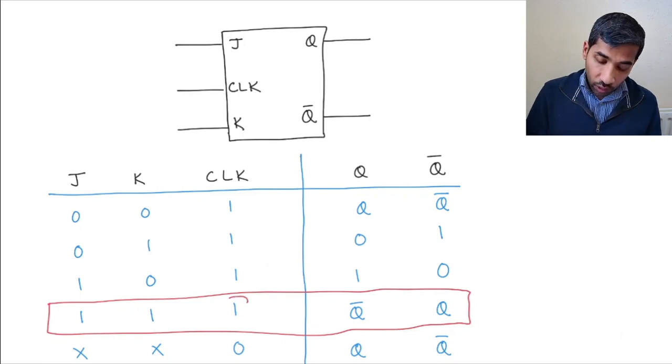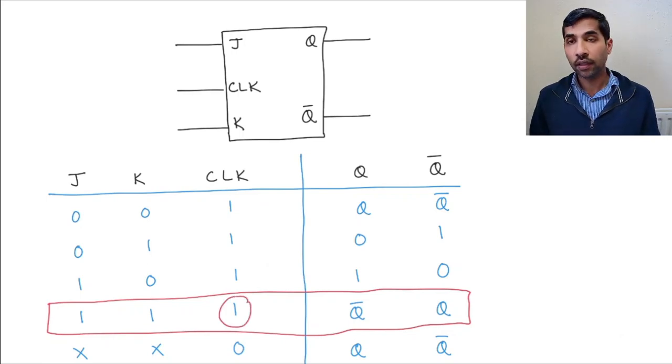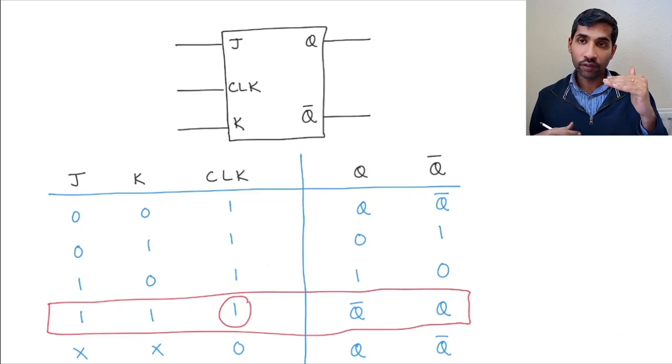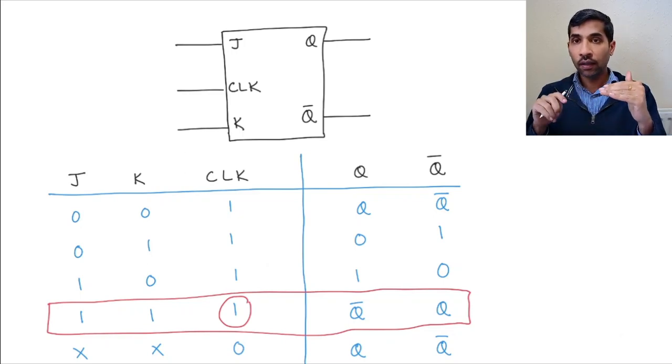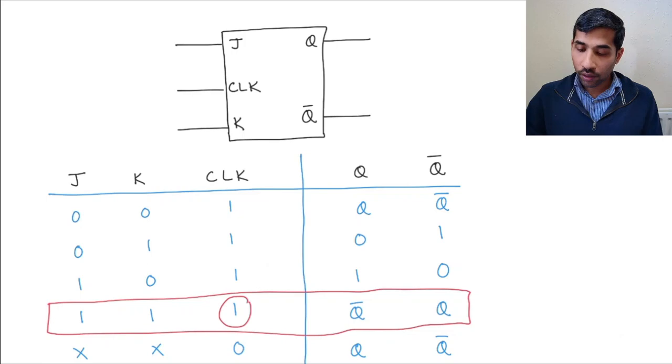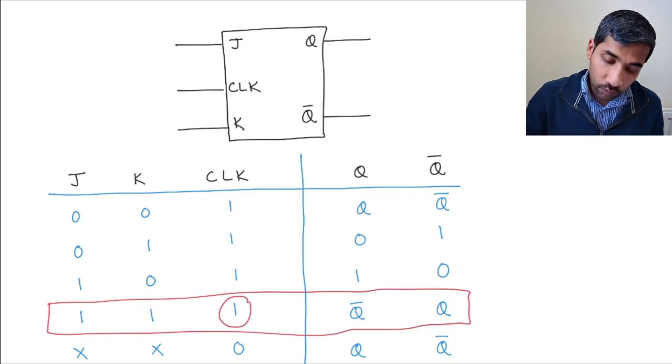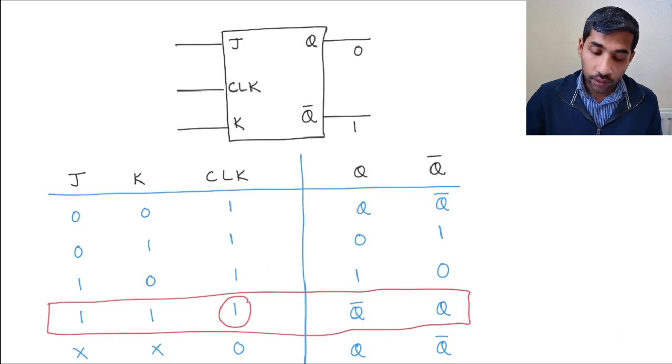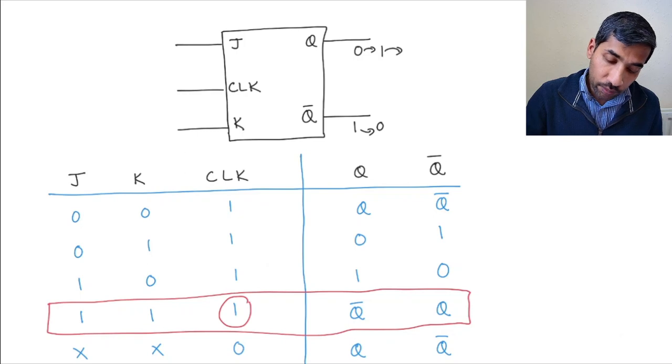So if the clock remains 1 for some time, what will happen to the output? Let's say q and q bar were 0 and 1 to start off with. As long as the clock remains 1 and j and k are 1, the output starts with 0 and 1, then in the next state it becomes 1 and 0, then 0 and 1, then 1 and 0, and then 0 and 1.